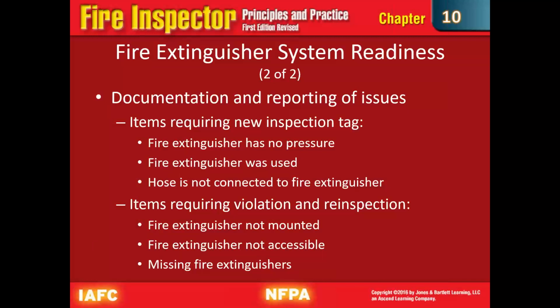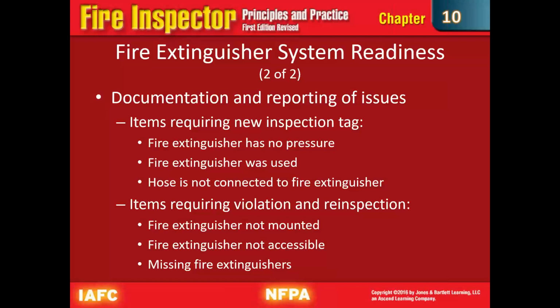Your documentation reporting of any issues, if it's requiring a new inspection tag, it could be out of date. It could have no pressure. And it's one of those things people don't know. If you use a fire extinguisher, you can't just use a little bit and put it back on the shelf.